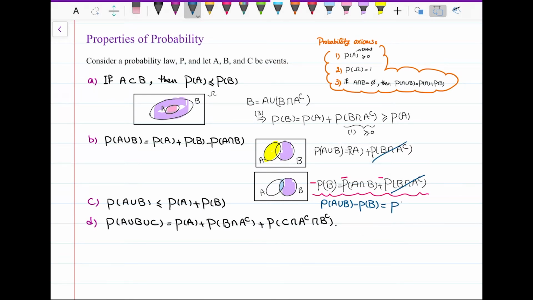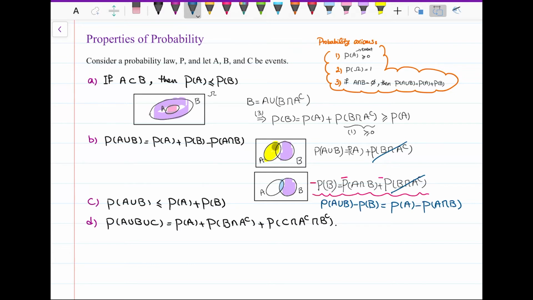This and that would be cancelled. So I get probability of A minus probability of A intersection with B. Okay, so this equation in here, if I bring a negative probability of B on the other side, would be exactly this one. So how did I prove this?